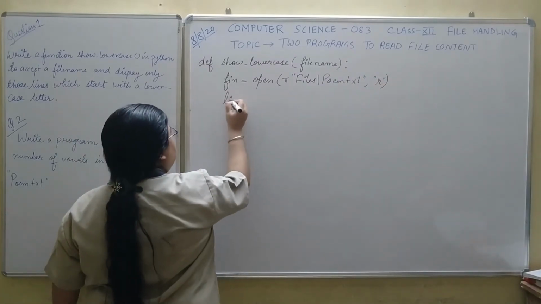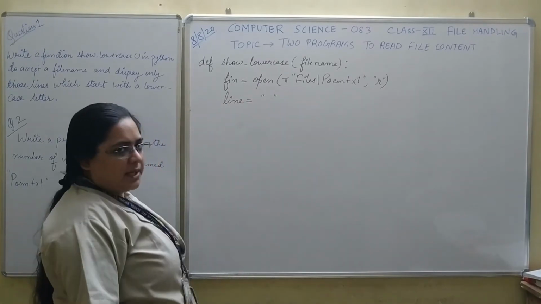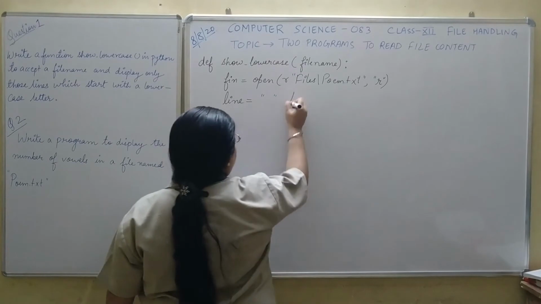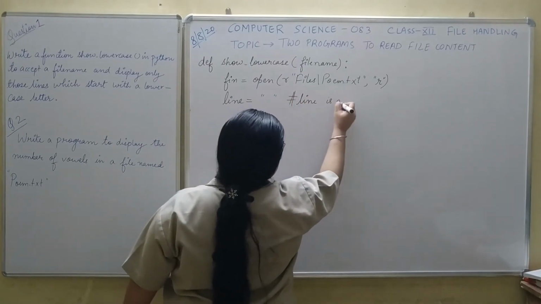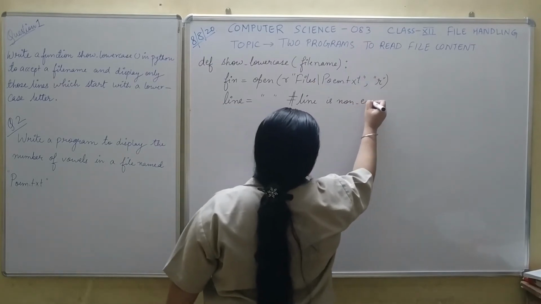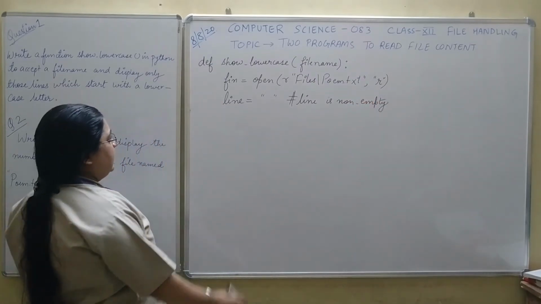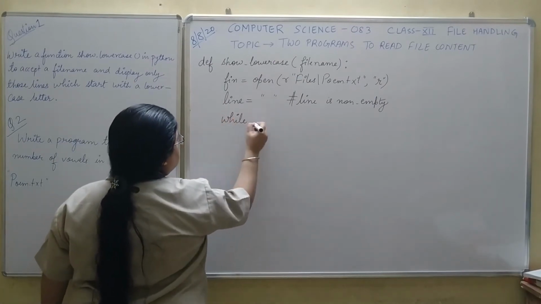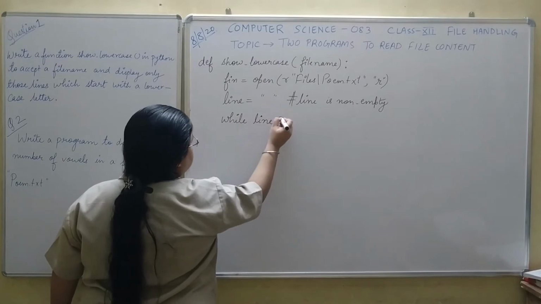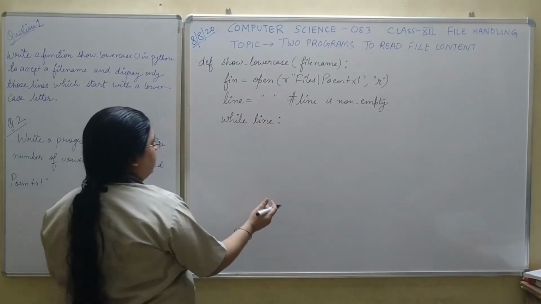Let us take line and let us give it a space character such that line is non-empty. Line is non-empty. And now let us start while line. That while line is non-empty, continue doing these steps.